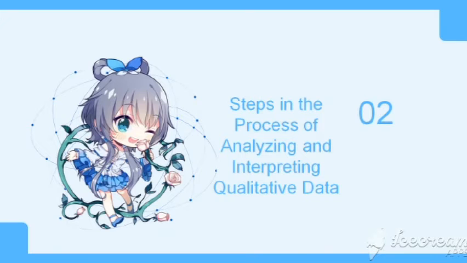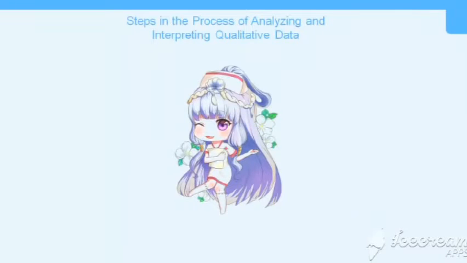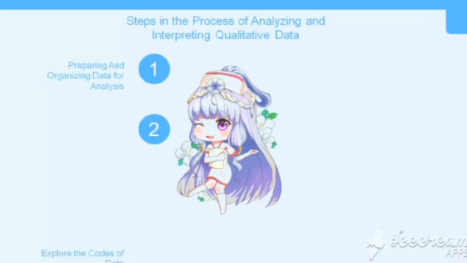Next, we go to the second point of this video, that is steps in the process of analyzing and interpreting qualitative data. There are 6 steps. The first step is preparing and organizing data for analysis. The second step is exploring and coding the data.